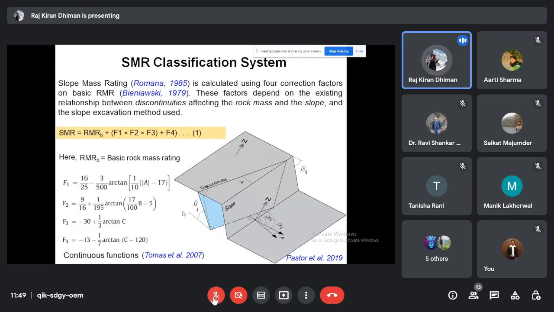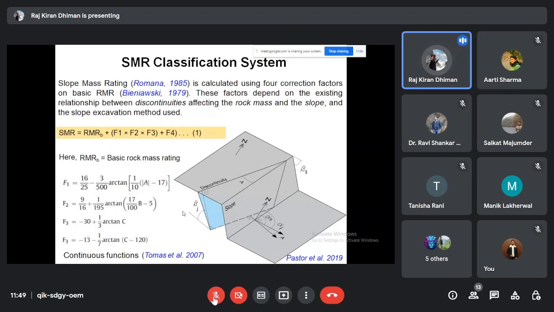Let's say you have done some tests on the rock sample and the internal friction angle is 30 degrees, and your joint is dipping less than 30 degrees, let's say 20 degrees. So basically you get an idea that this joint has very little possibility of movement, because it has not crossed the angle of internal friction.